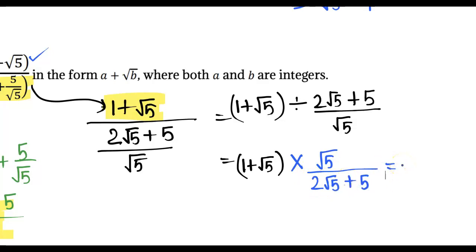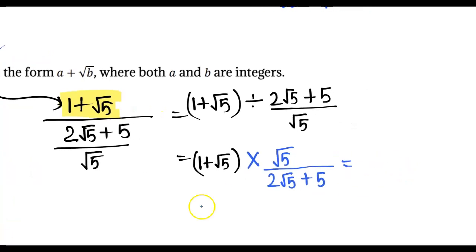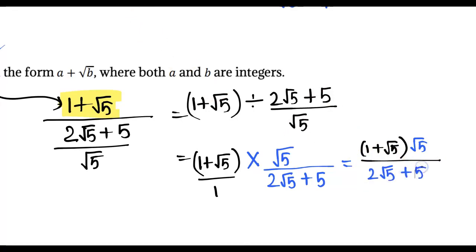Okay, now let's move ahead. What we can do next is expand that. Because the bottom is 1 over here, we can say 1 plus root 5 times root 5 over 2 root 5 plus 5, right?